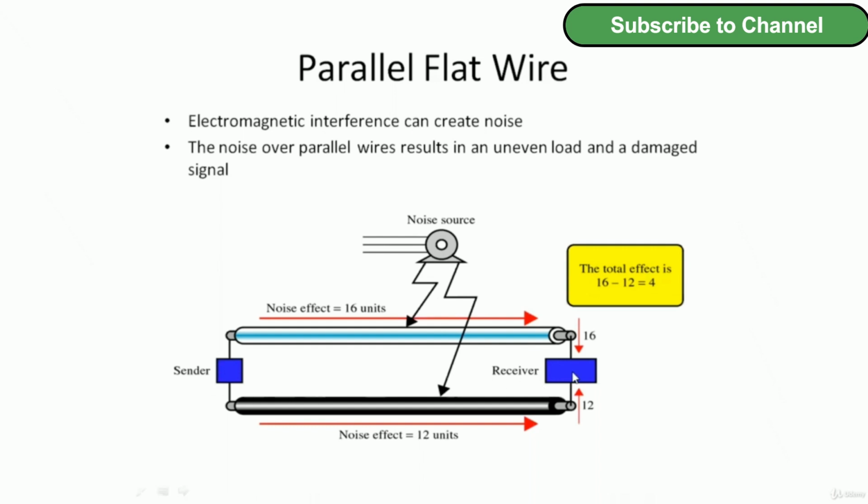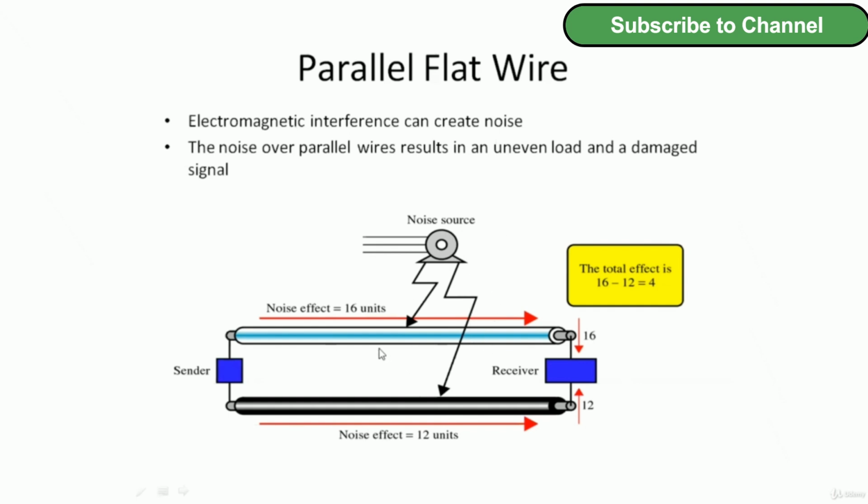This is the sender, this one is the receiver, this is one cable, this is the another cable. On this side the noise effect is of 12 units, and on this side it is of 16 units. Total noise effect is equal to 16 minus 12, that is 4. This one is the noise source, so that the noise occurs there.